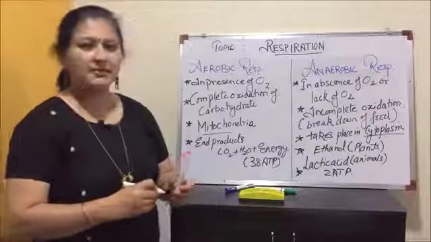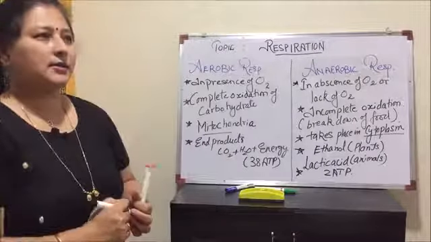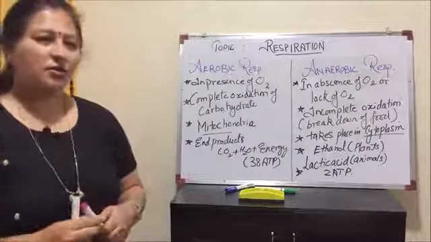So we have seen that the respiration which is happening in both the cases depends upon the availability of oxygen, and because of the availability of oxygen, there are 3 pathways taken by respiration. Now let's see the different pathways of respiration, right?